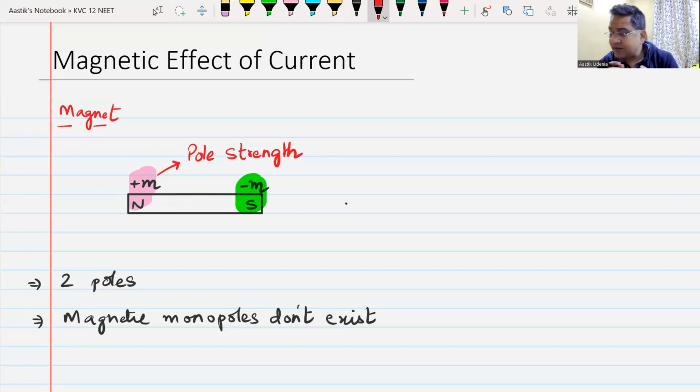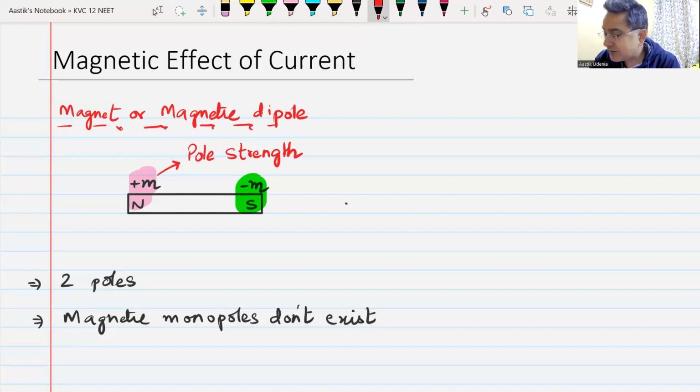Now, instead of calling this magnet a magnet, I can also call it a magnetic dipole because it will always exist in two poles.